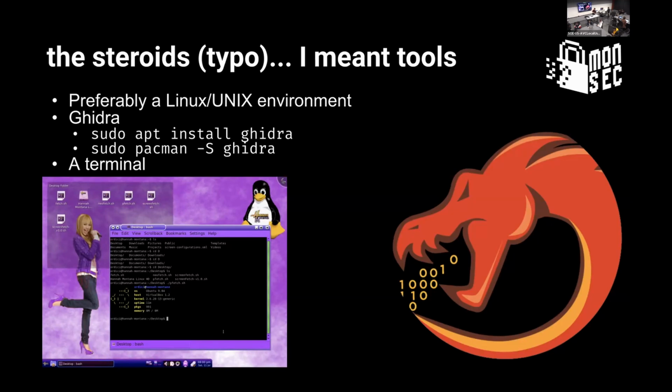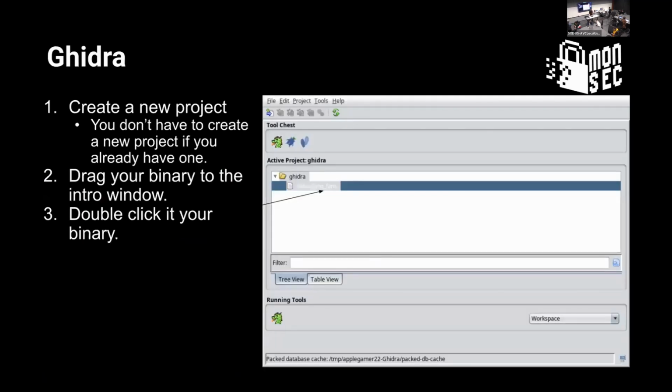I think I'll move through the slides a bit. So when you open Ghidra, you need to make a project. I think this project will just store the metadata of the program that you are decompiling.